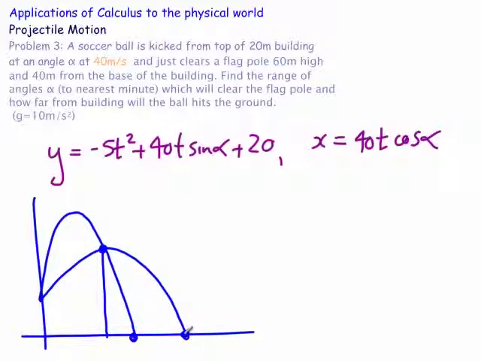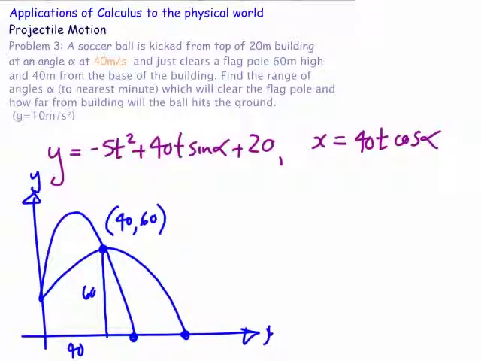The important thing is that we know the coordinates of the top of the flagpole. If you read the question, this was 40 across and 60 up, so it's at (40, 60). So how do we use those coordinates? Well, we know these are the x and y coordinates, and we put them into the position equations.